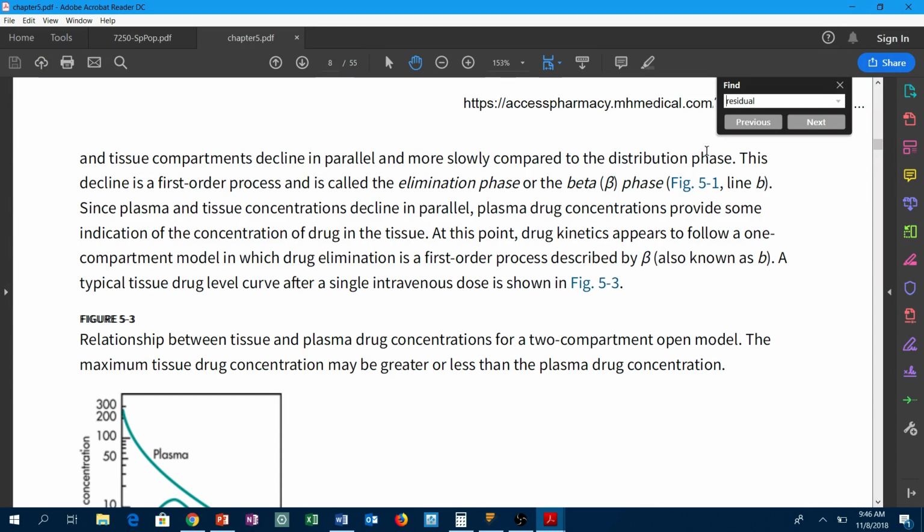So that point is effectively akin to your C0 for your distribution phase. Then you've got your elimination phase here, and we extrapolate that, so this is your purest elimination. Does that make sense so far?